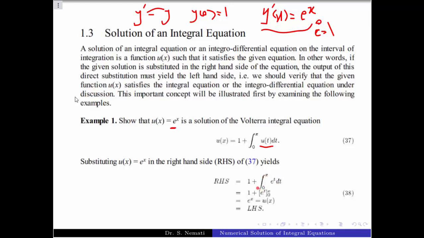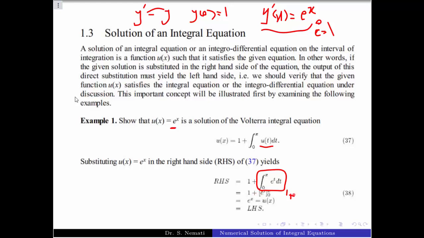By taking the integral, we know that the integral of the function e to the power t is e to the power t. So I have 1 plus e to the power t, t from 0 to x. When I substitute this lower and upper bound, this 1 remains unchanged.